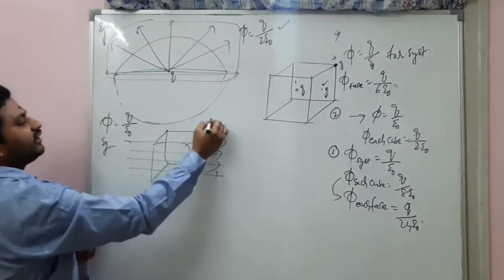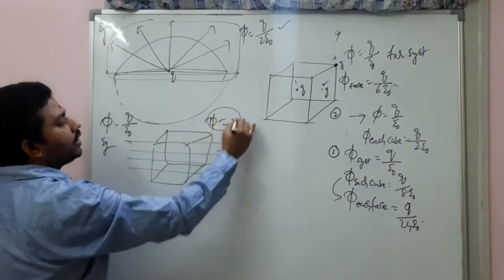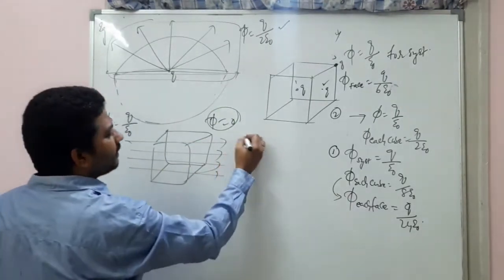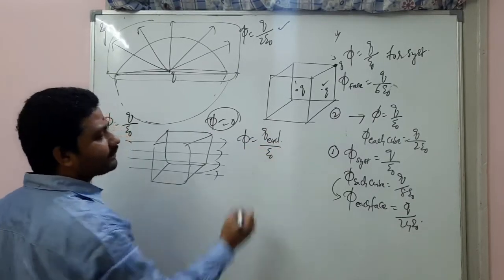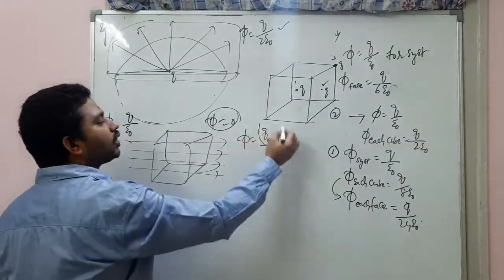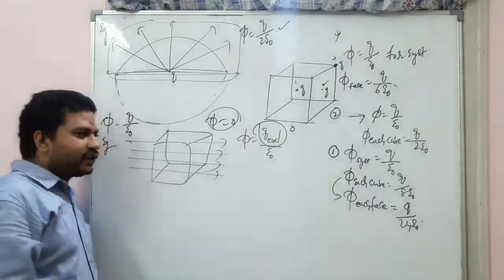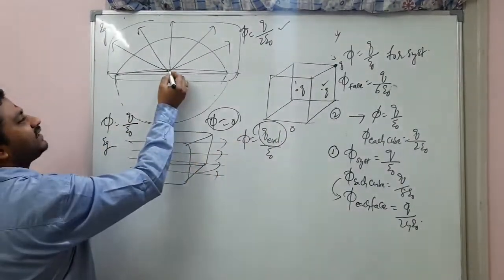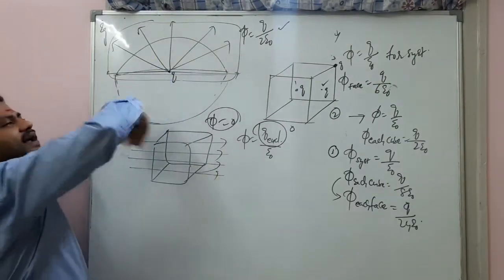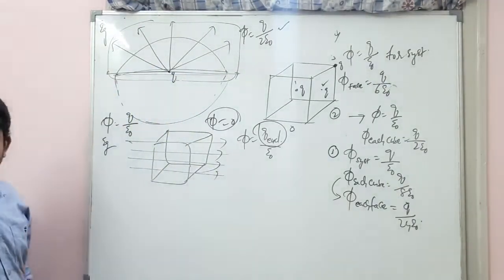The flux linked with this cube is 0. Why 0? Because electric flux is equal to charge enclosed divided by epsilon naught, and there is no charge enclosed here. But here there is a charge enclosed in the imaginary Gaussian surface.